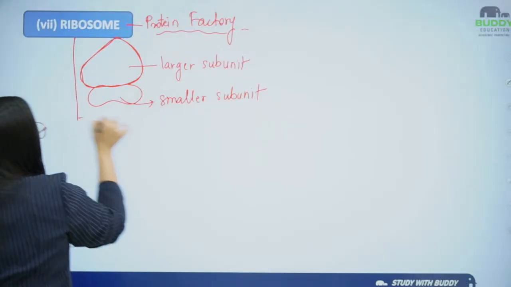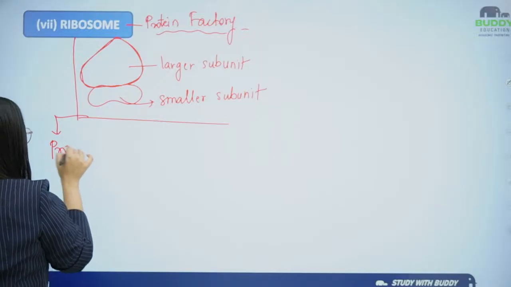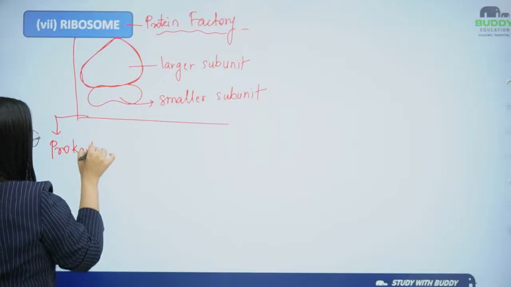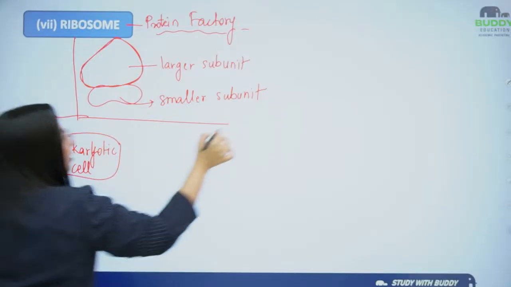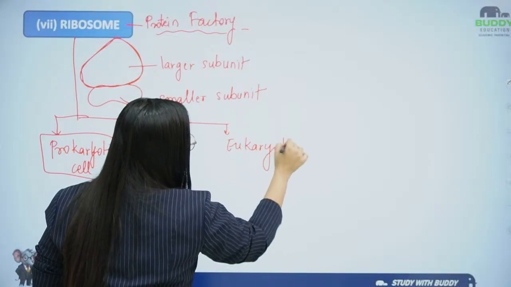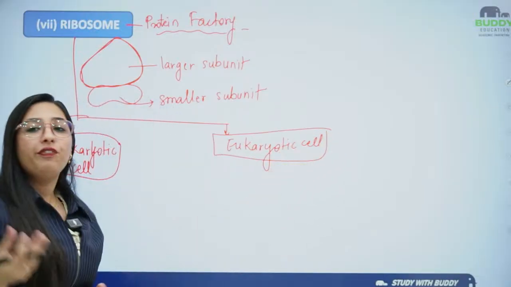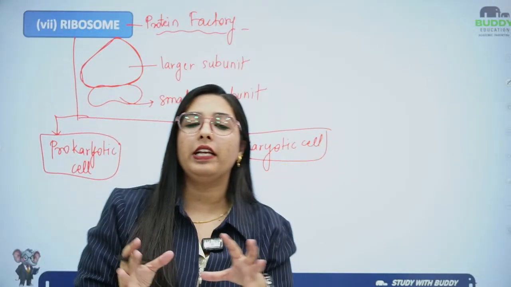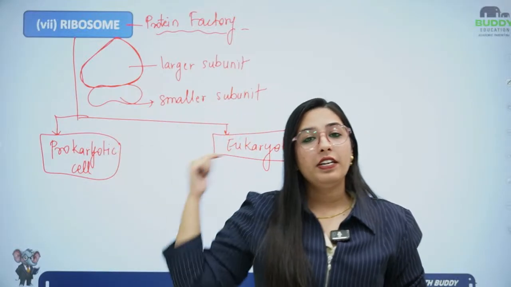I have basically divided the ribosome into two types of cells, which is prokaryotic cell and the other is eukaryotic cell. Prokaryotic cells consist of one type of ribosome and eukaryotic cells consist of a different type.